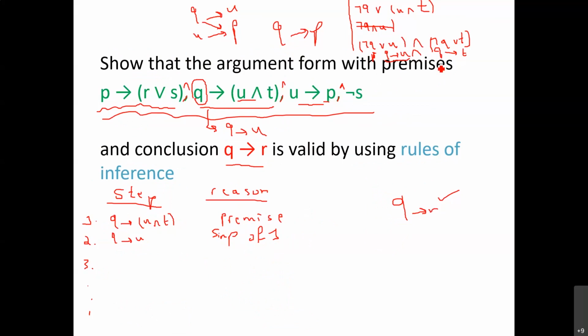Because 1 is equivalent to these two guys, you can just simplify and get the part that you want, which is Q implies U. Since this is a big jump from 1 to 2, it would be nice to further explain it. Like you can say, since this.